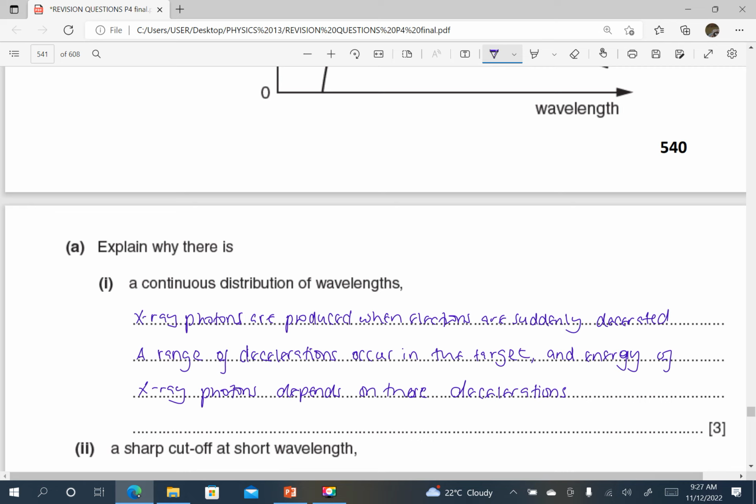Hence, a continuous distribution of wavelengths.